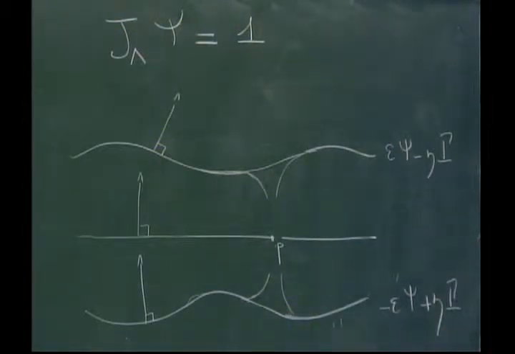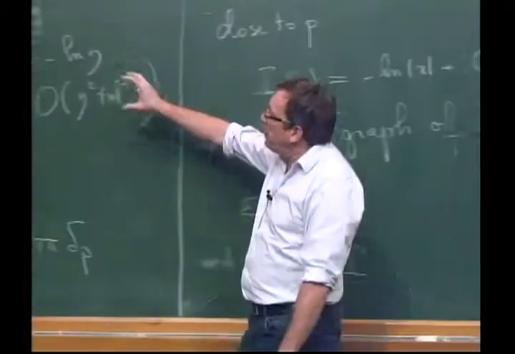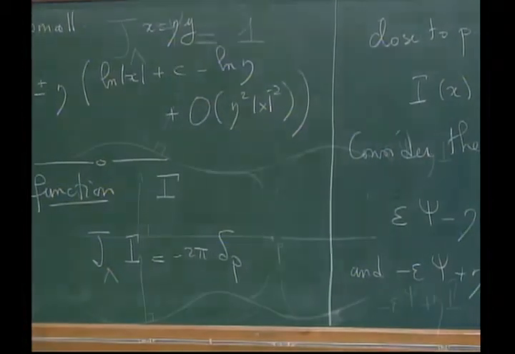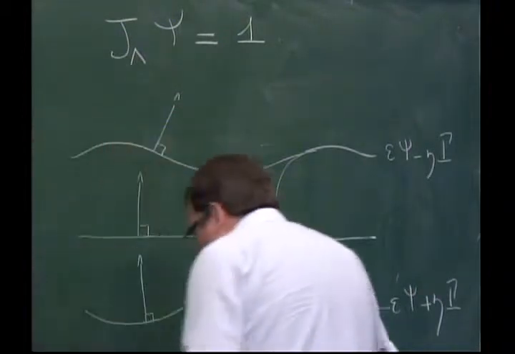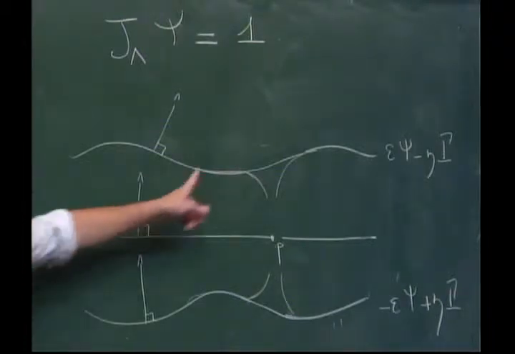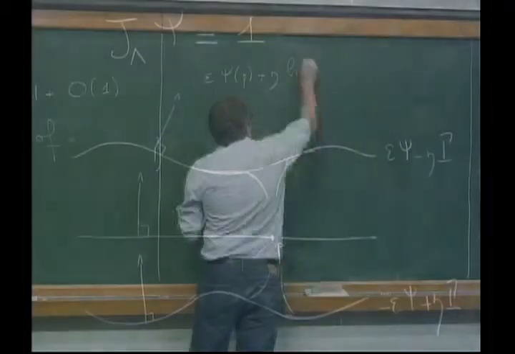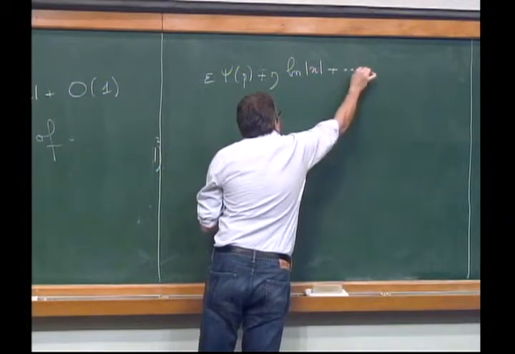Okay, so the idea in those gluing constructions is to match exactly the expansion of the graph here with the expansion I would have of the rescaled catenoid here. And so if you try to match these two expansions, on the one hand, close to this, you see that you have the graph of a function that can be expanded like epsilon psi of p plus eta log of mod x plus smaller terms.